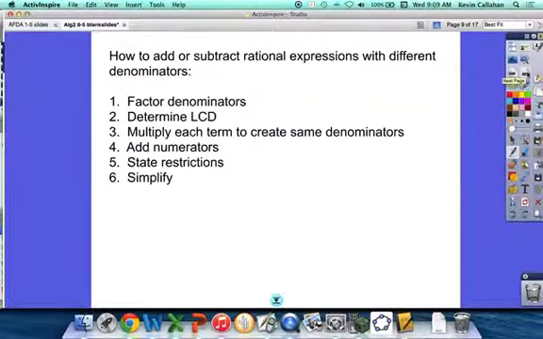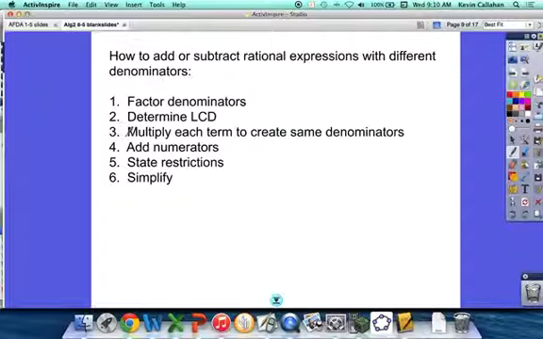Okay, so now we're going to be doing the same thing with rational expressions. And we're going to end up doing one addition and then 2 u tries and then one subtraction and then 2 u tries. Really the steps are all the same, whether it's addition or subtraction. We're going to factor the denominators. We're going to determine the LCD.